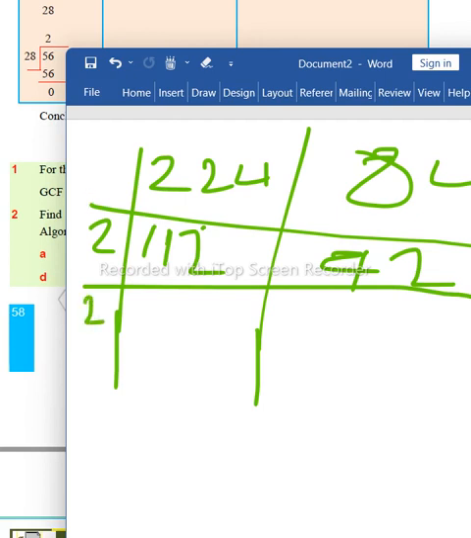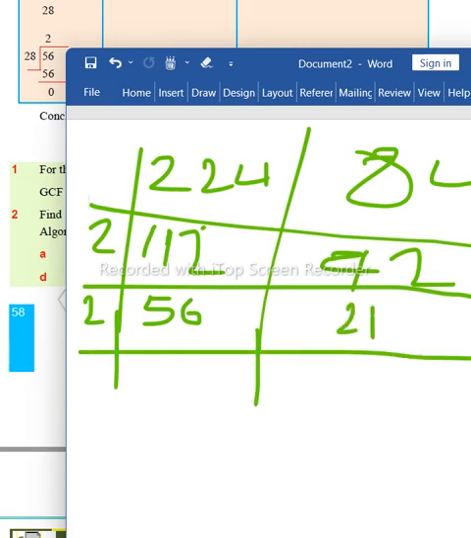We get 56. And 42 divided by 2 is 21. Again, we can also try to divide this number by 3.